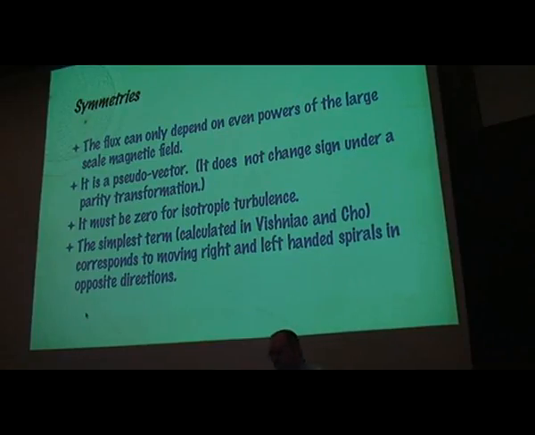The term that we calculated in my paper on this topic, which is not the only term by any means, it's the simplest term to think about, involves taking let's say a bundle of magnetic field lines.